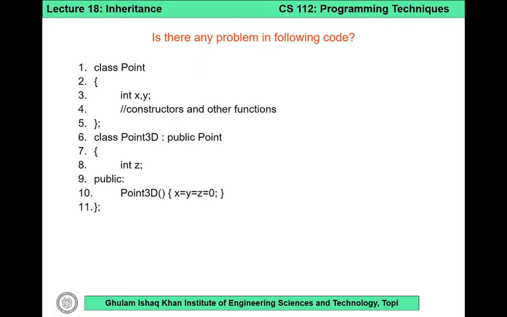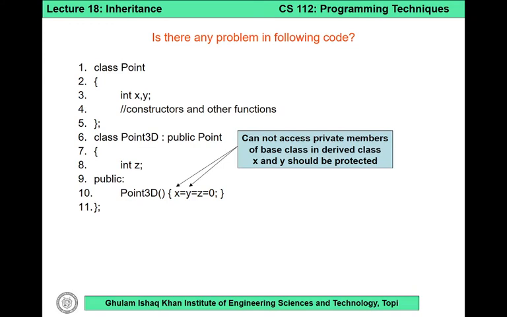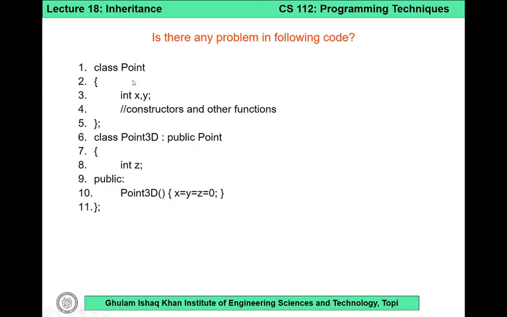Now coming back to our example which we were doing last time, we made a class point, and point had variables x and y. We made another class 3D point. This is a new class, with this colon and public. I told you that we have to use public, but we are not going to worry about what this public does until we have covered a couple of lectures on inheritance.